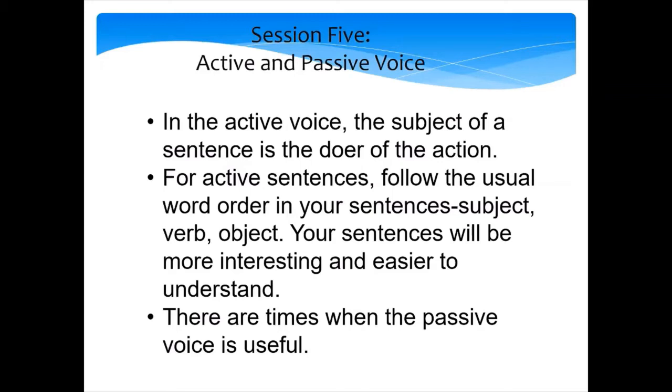In a sentence, first there will be the subject, followed by the verb, and then the object which the verb is referring to. So in an active sentence, the word order is SVO, which is subject, verb, object.